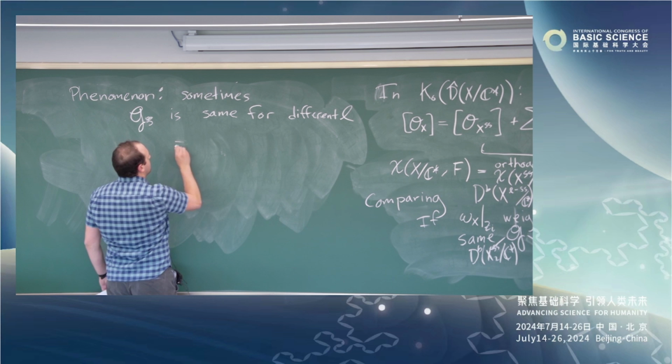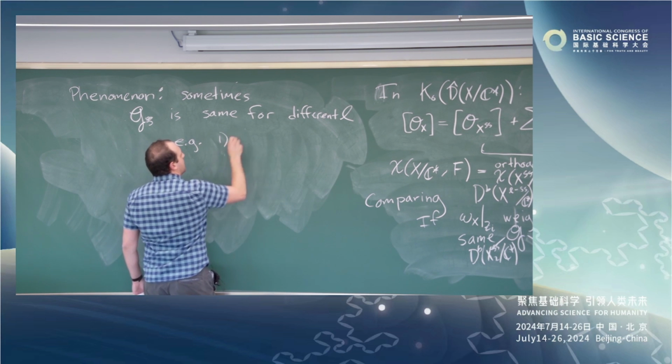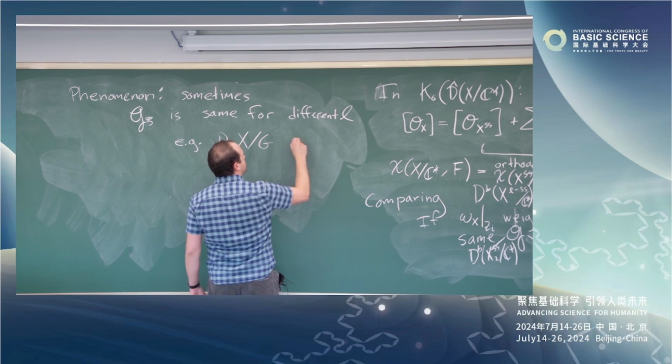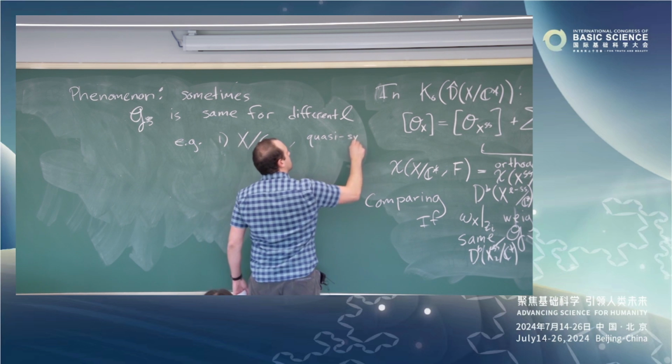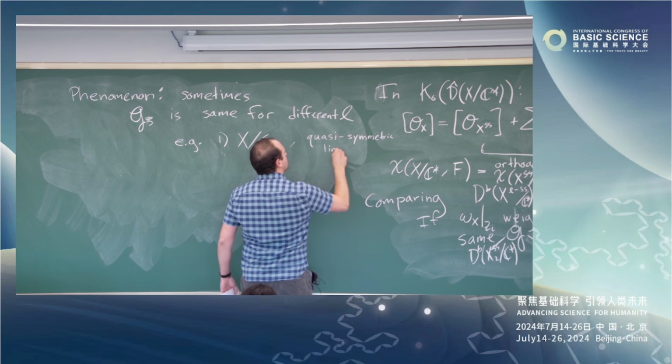So examples include, I guess, X mod G, where X is what they call a quasi-symmetric linear representation.